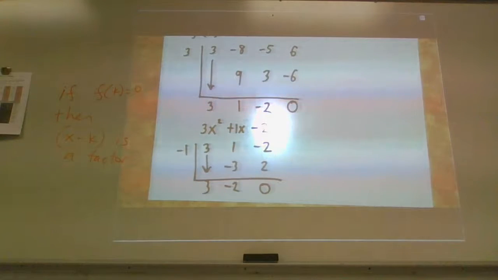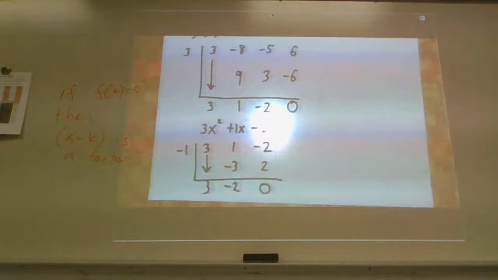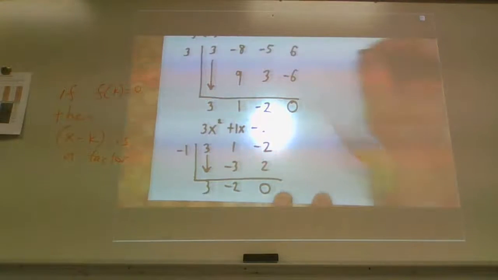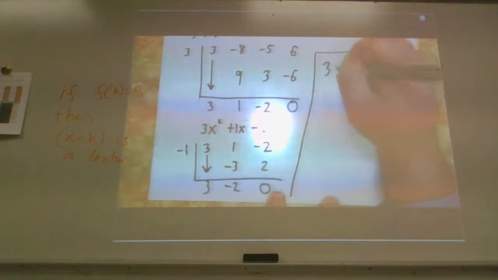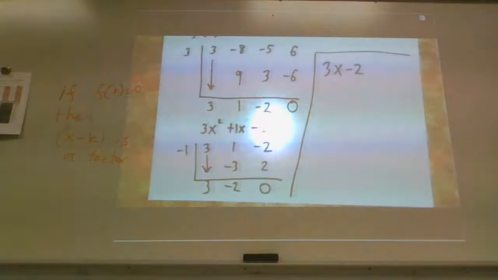Close. 3x minus 2. Because it's weird. You got to go right to left. Remainder, constant, x. It's a little backwards. But yes, we have a 3x minus 2.